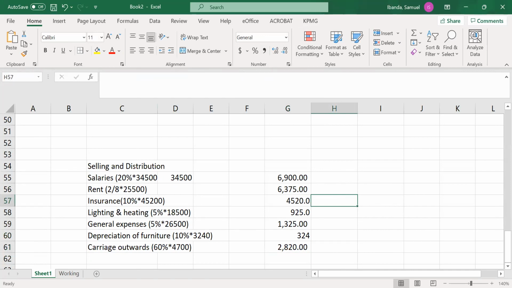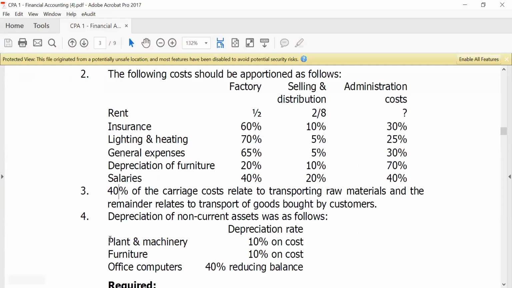Now, after I've looked at the carriage outwards, so this one I've already looked at it. So let me just look at depreciation. Then I go back to the cash book and see if there's anything I've left out. So the depreciation, remember this plant and machinery, 100% relates to the factory, does not relate to the P&L.